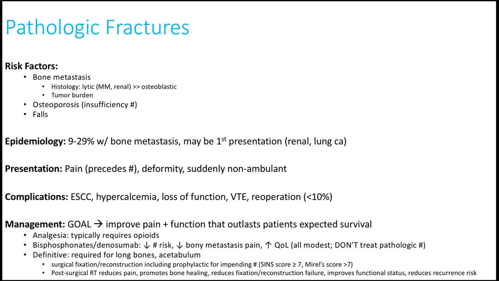So lytic lesions like in multiple myeloma or even in renal cancer are much more likely to cause loss of structural integrity in the bone as opposed to osteoblastic lesions like, for example, with breast cancer. But definitely still possible. And then, obviously exposure to trauma like fall risks would increase the chance of having a pathological fracture.